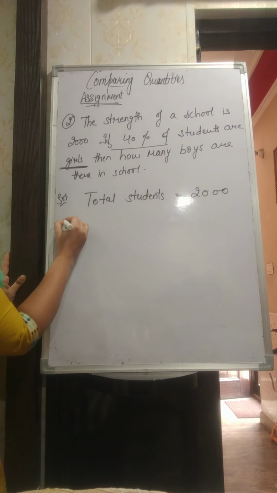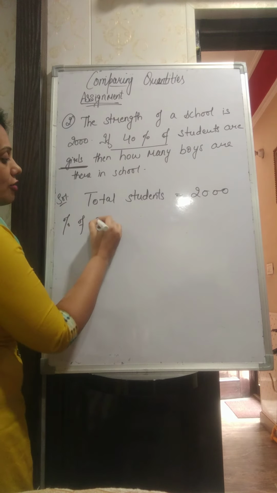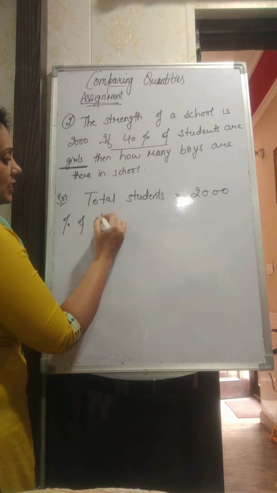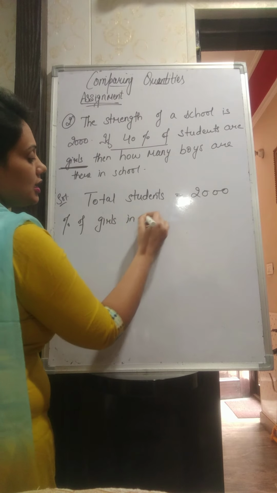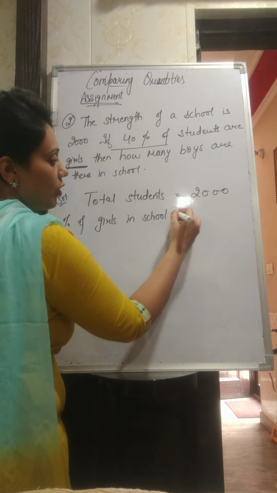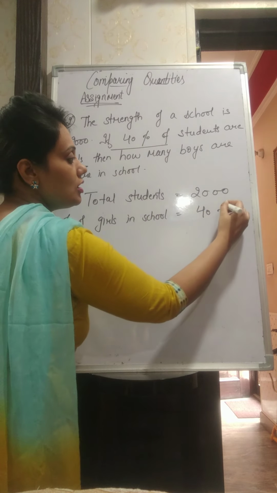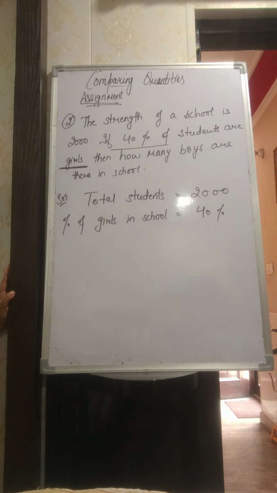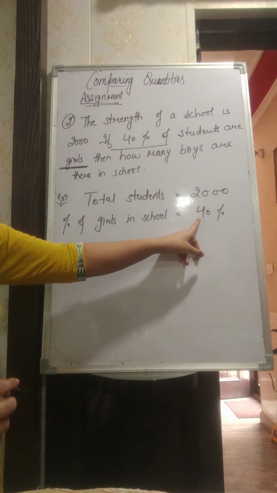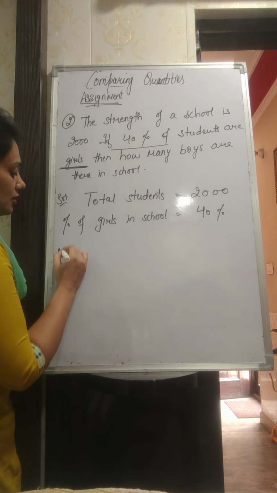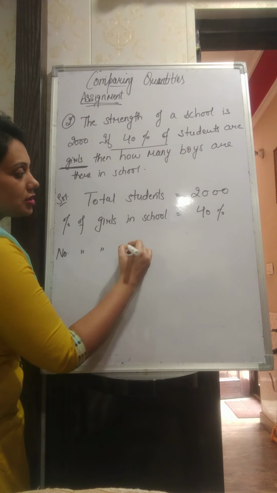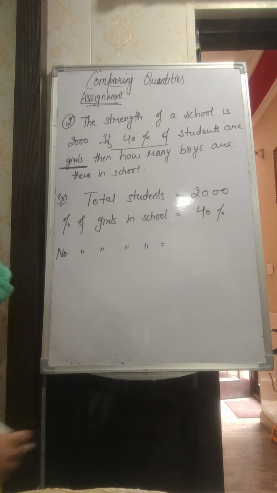What is given? Percentage of girls in school. What is the percentage of girls in school? 40%. Now from here we can find how many girls are there in the school. We can find the number of girls in the school.